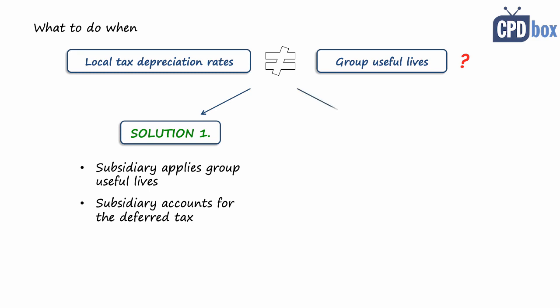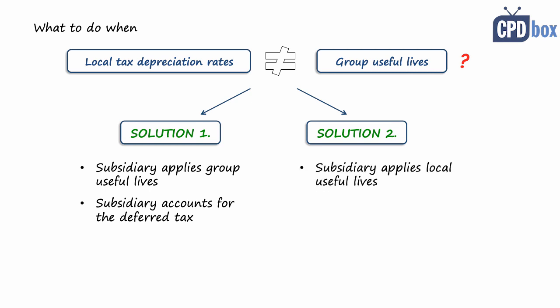Solution number 2. In its local accounting books, the subsidiary would depreciate the property, plant, and equipment over the useful life as prescribed by the local legislation. And normally subsidiaries submit their financial statements to the parent company in the form of a reporting package or consolidation package that contains the statement of financial position, profit or loss, intra-group balances, and other information.